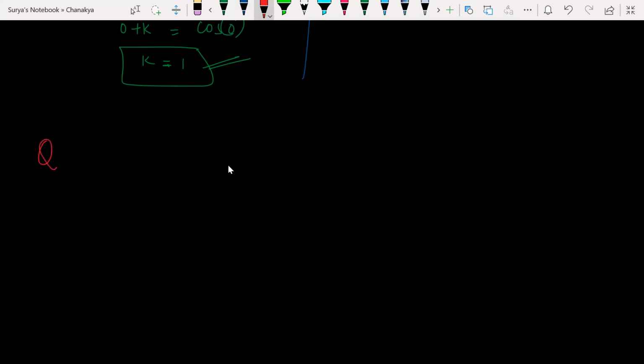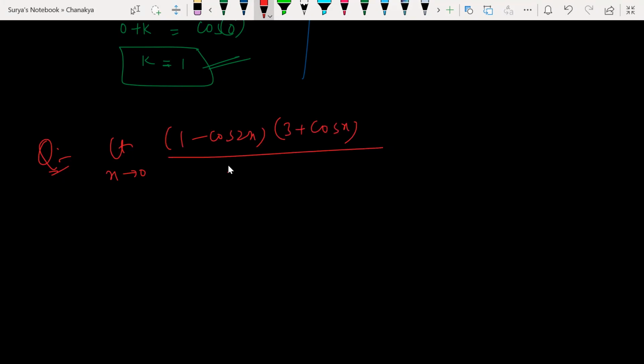Guys, you solve this question. Limit x tends to 0, (1 minus cos 2x) into (3 plus cos x) divided by x into tan 4x. Make it fast. Take your time, make it fast. Solve this question immediately.